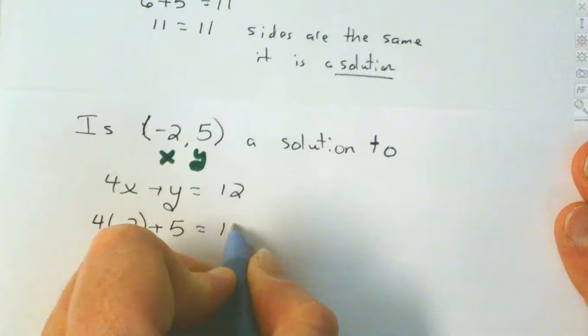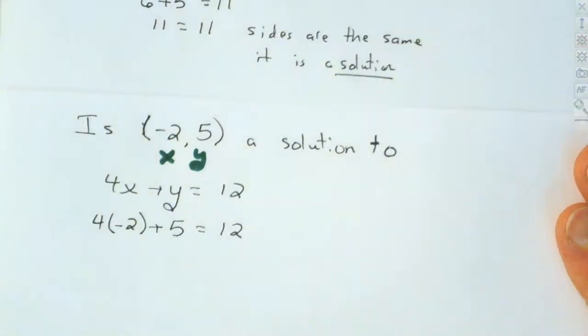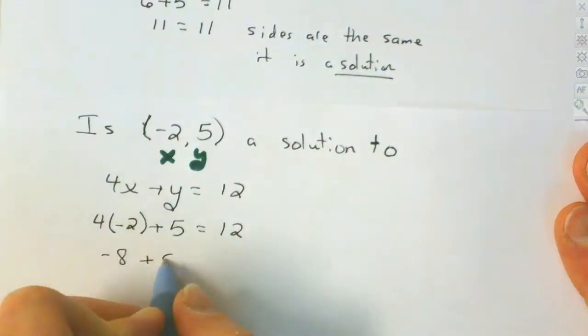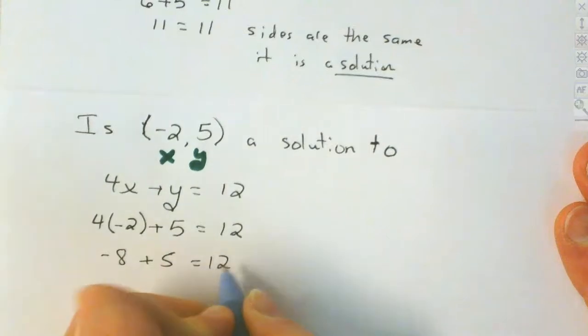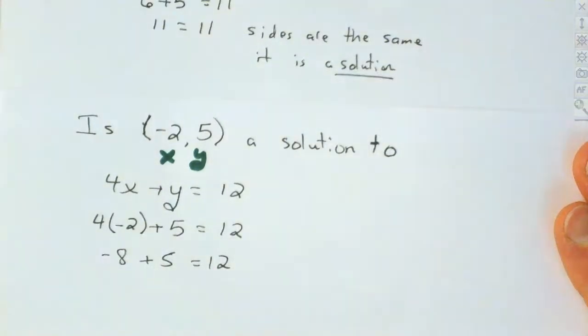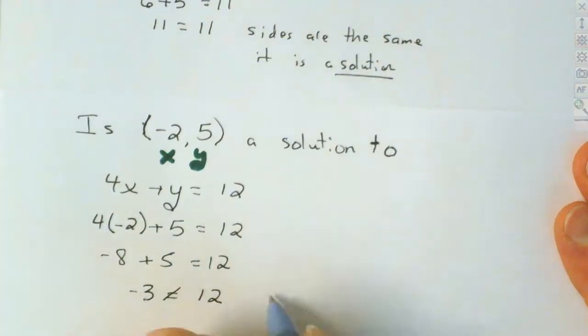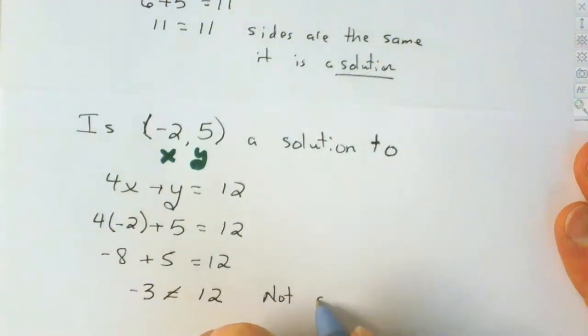Well, that's supposed to equal 12, right? But 4 times a negative 2, well, that's a negative 8. And negative 8 plus 5, that's negative 3. And does negative 3 equal 12? No. So this is not a solution.